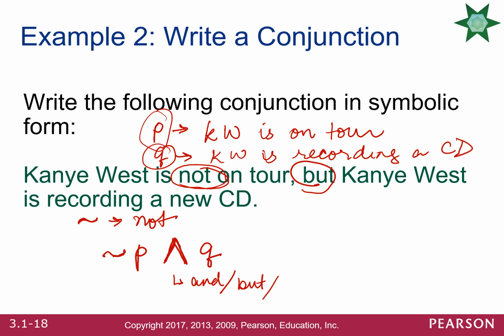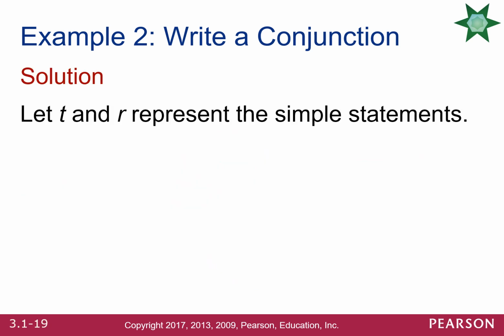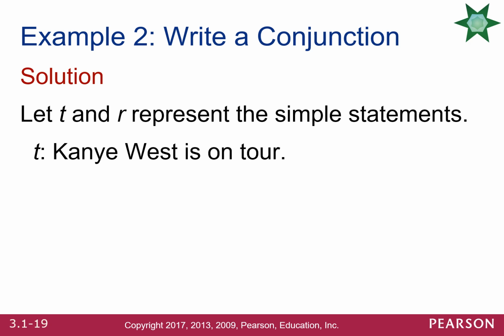All right. Let's look at the solution provided here. Instead of P and Q, they have used T and R to represent the simple statements, in other words, the two ideas: that Kanye West is or is not on tour, and that he's recording a new CD. That's okay. It's just a different notation, a different variable.